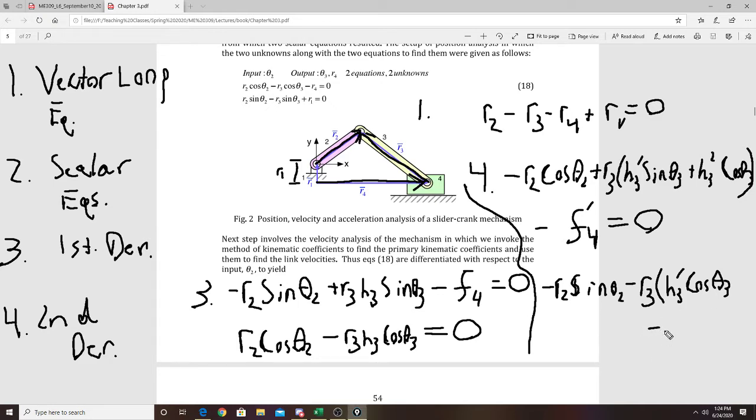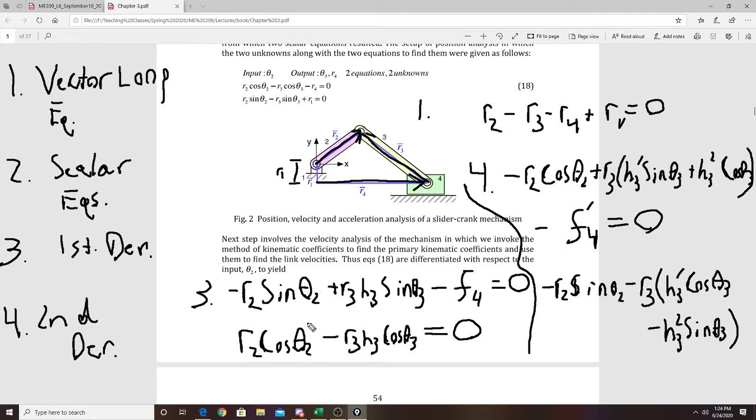So minus H3 squared sine theta 3. Right?